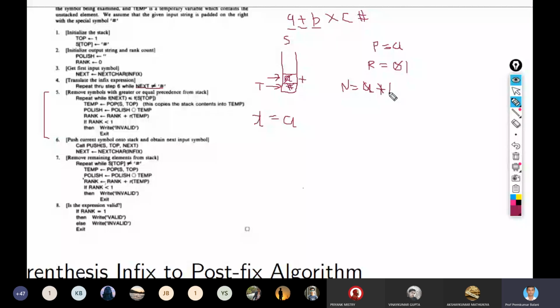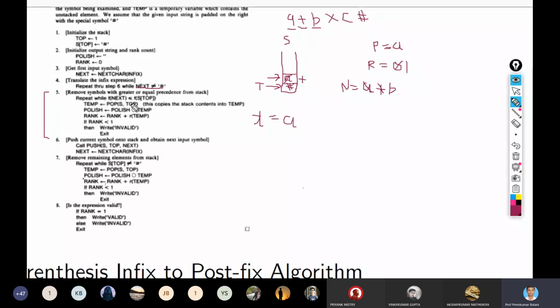Now repeat while f of next is less than or equal to f of top of stack. Here f of b equals 3, is it less than f of plus, which is 1? So 3 is less than 1, no, right?